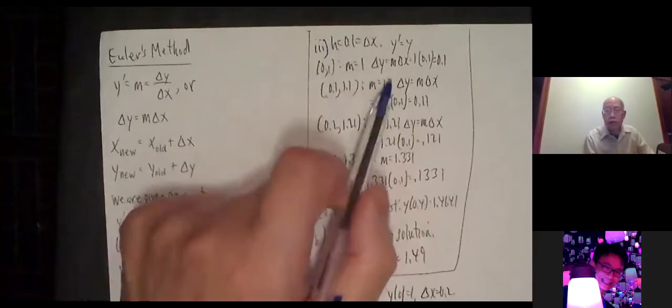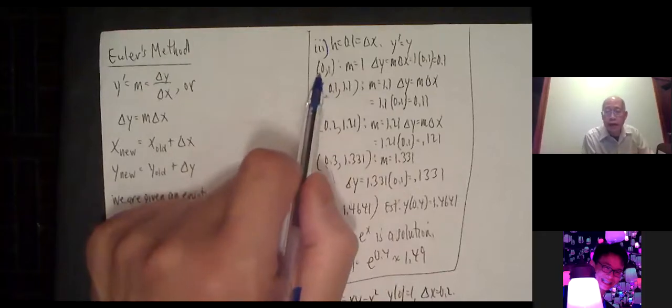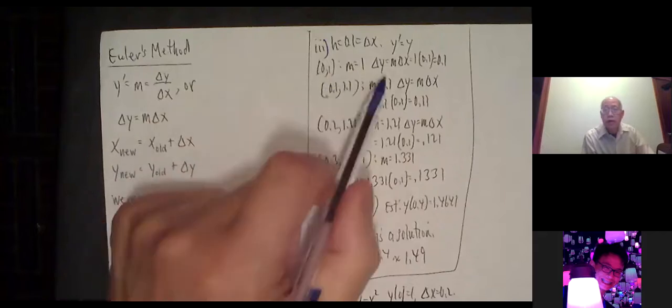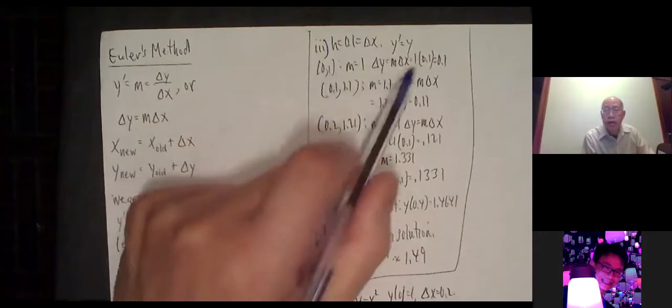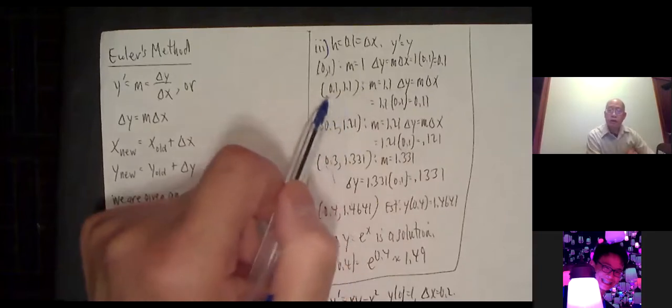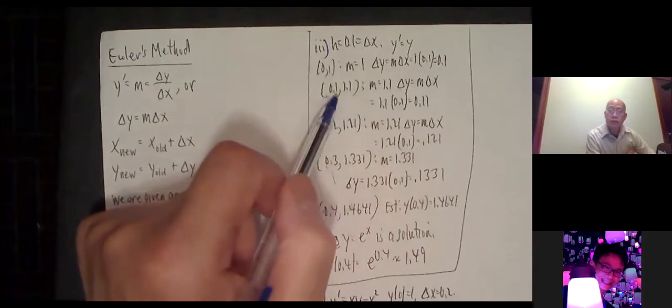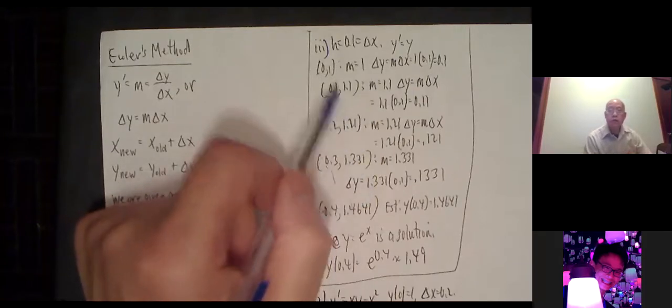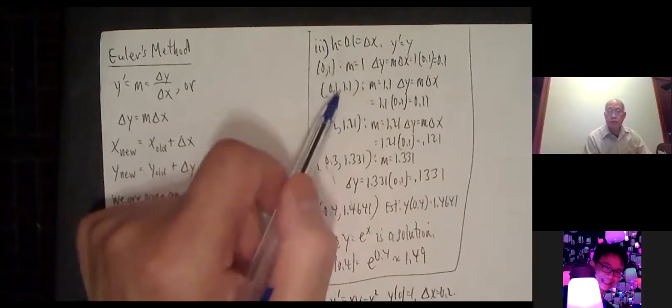Okay, so what's the new point? I take the old x, add delta x, 0.1. I take the old y, 1, add delta y, 0.1, and that leaves me with 1.1. Okay, so this is the new point. And just repeat the process 4 times total. So I've done it 1 time. I need 3 more times.